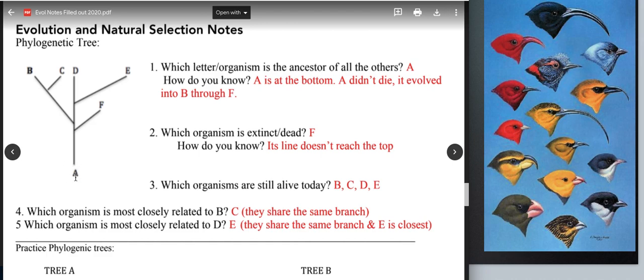So A back here existed, and then over time, some of the population left and adapted to their new environment. Then another part of the population left and evolved into these two species, and another part branched off and evolved into E. And D is what used to be A.